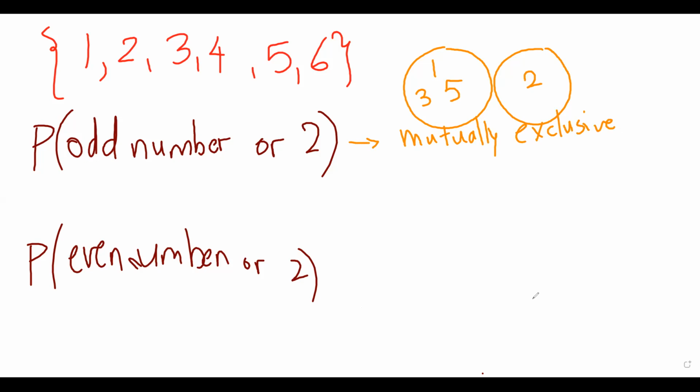And since they are mutually exclusive, the formula will be the probability of A plus the probability of B. What is the probability of event A?